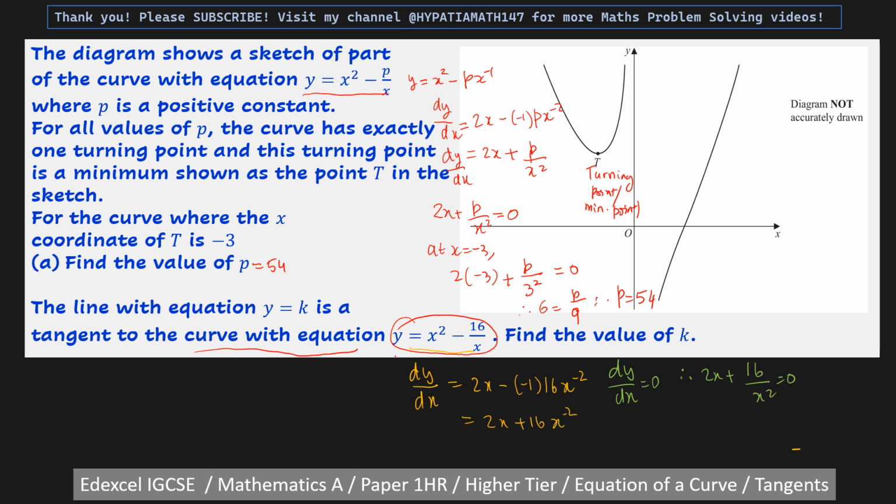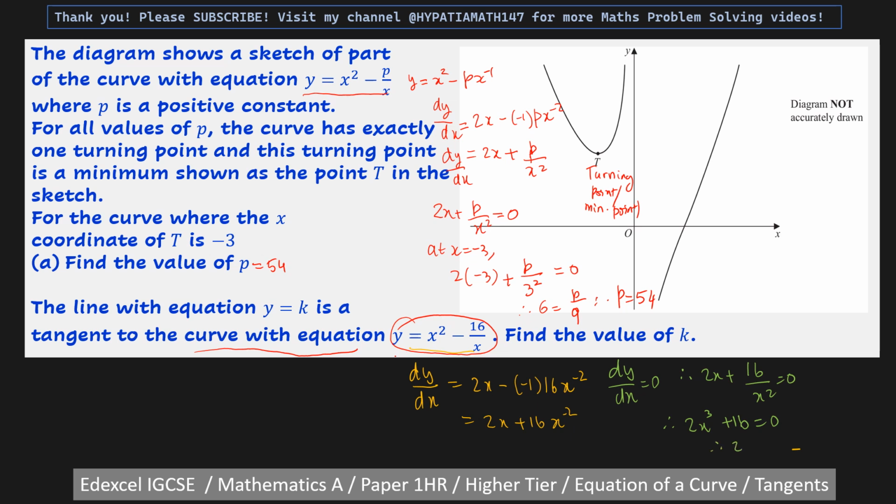So if you multiply throughout by x squared, we'd get 2x cubed plus 16 equals 0, because we've multiplied it throughout by x squared.